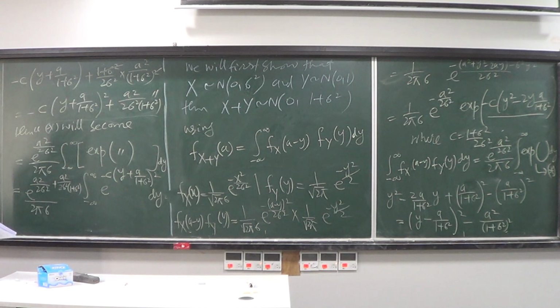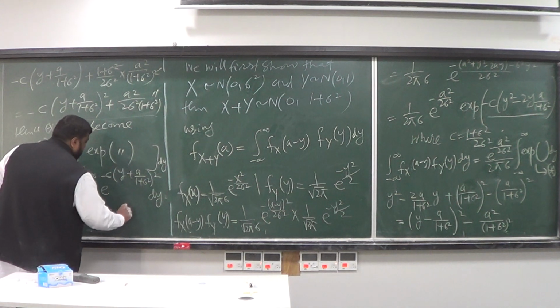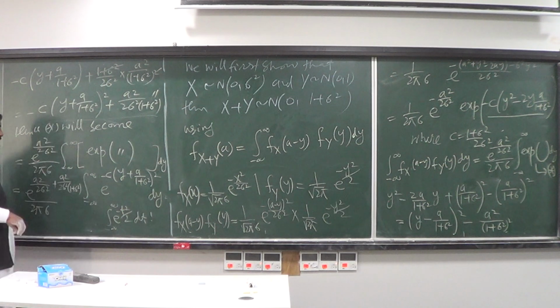Now, in order to turn this into the form e to the minus t square by 2 dt from minus infinity to infinity, I need to make a substitution. And what would be that substitution?